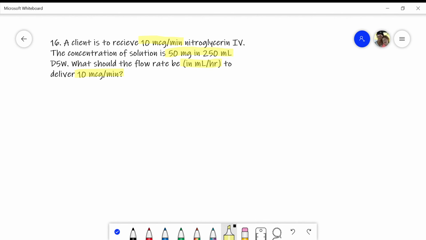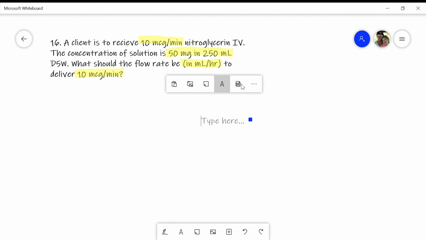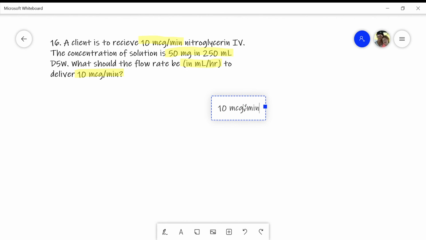So, if we know we already want 10 micrograms a minute, and we need to find out the milliliters an hour. So if we multiply 10 micrograms a minute by 60 minutes, that's going to give us 600 micrograms an hour.